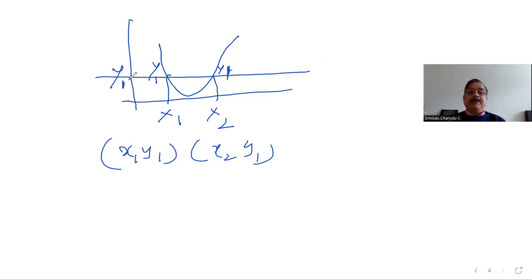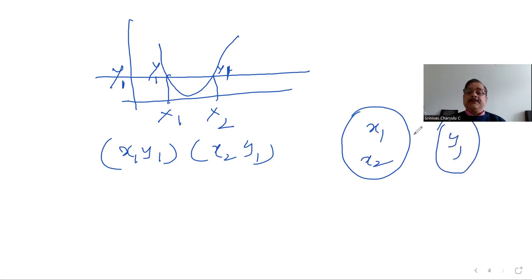In this function, y1 remained constant for different values of the domain. So here for x1, x2, the y coordinate remains the same. So the horizontal line test says that this is not a one-to-one function, but this is called an onto function. This is also a function, but here this is an onto function.